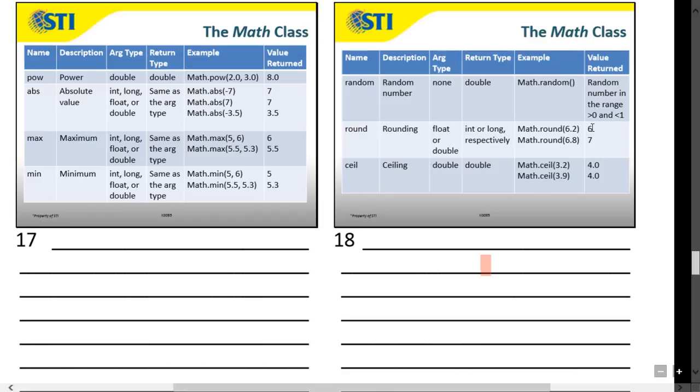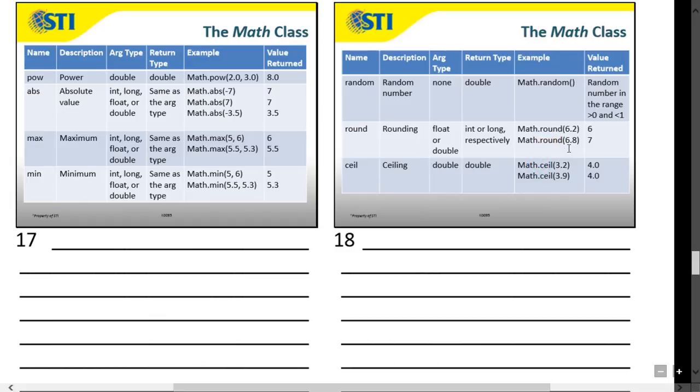So 6.2 gives us 6, as long as it is less than 5. So 6.8 gives us 7. So Math dot round is how we call it.